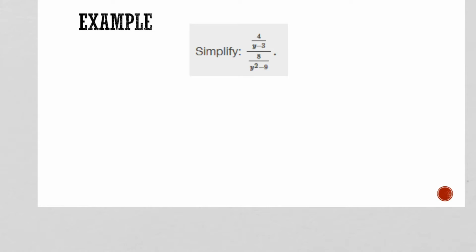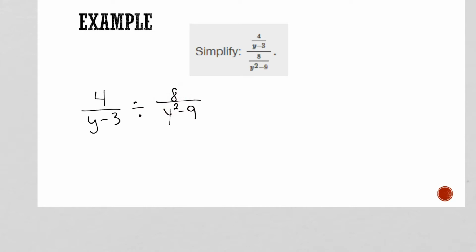So we've got 4 divided by y minus 3, divided by 8 over y squared minus 9, okay?